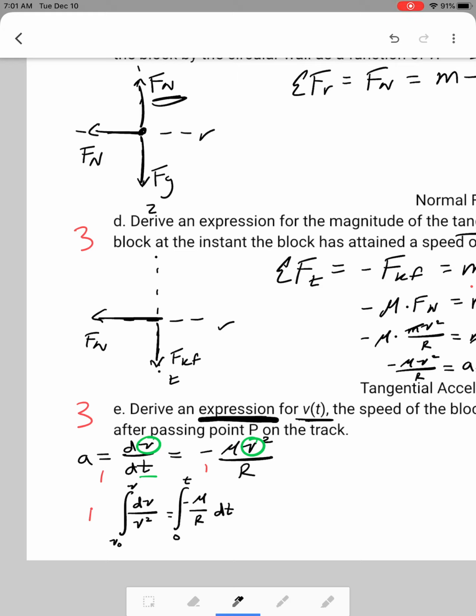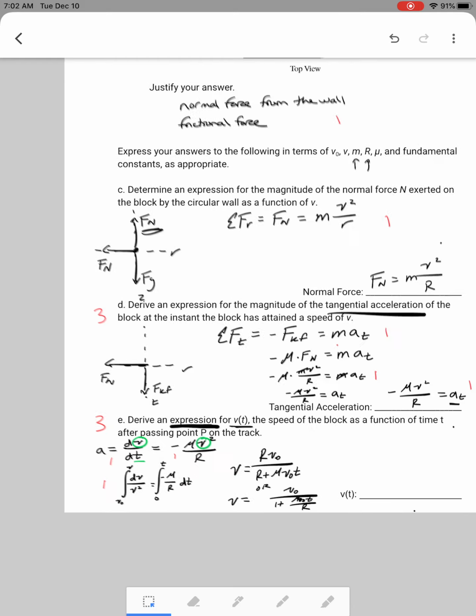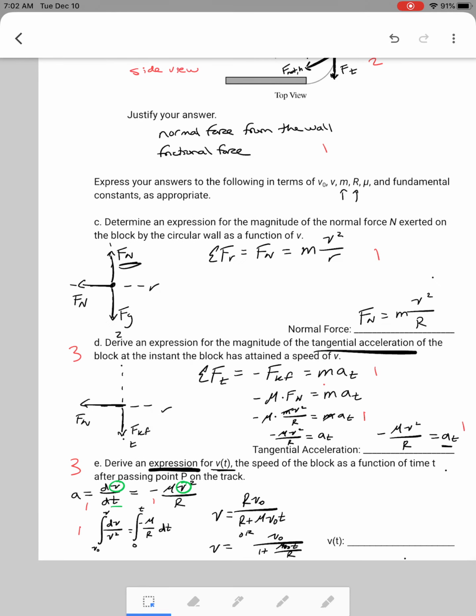But if you did evaluate it, you'd get that v is equal to r times v initial all over r plus mu v initial times t. Or you could have gotten v is equal to v initial over 1 plus mu v initial t over r. Either one of those would have been the correct answer. Alrighty.